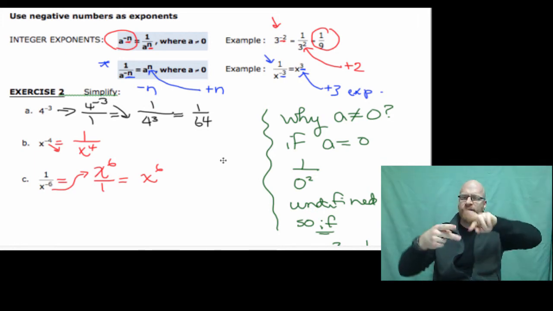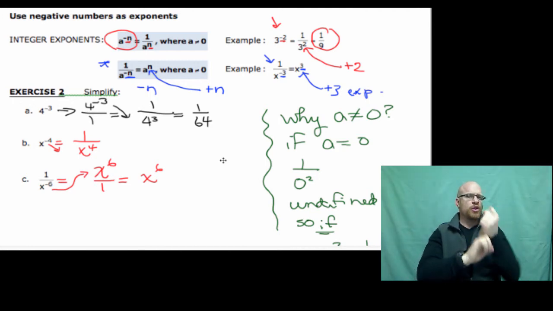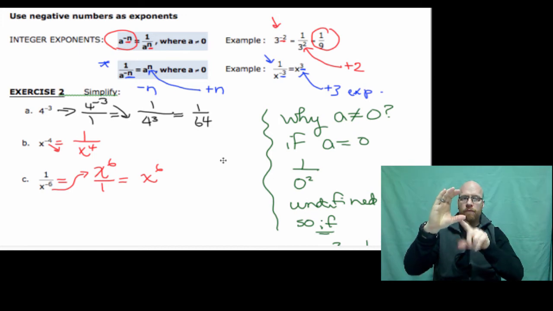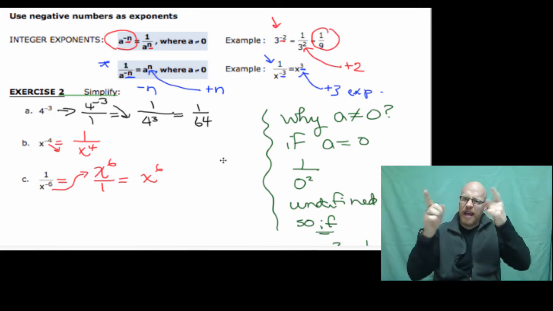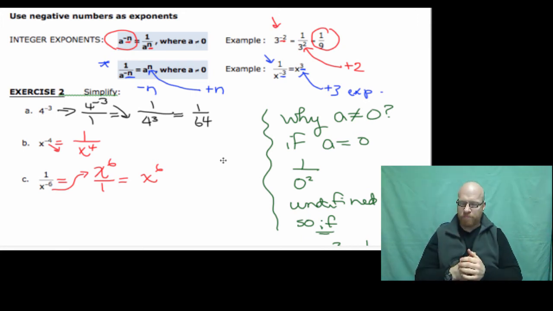We'll flip-flop our fractions. We're not flip-flopping. We are actually moving each variable for each exponent. It may look like we're flipping fractions, but we're not. When we moved the x to the negative 6 to the numerator, we moved it up and 1 was left down in the denominator.